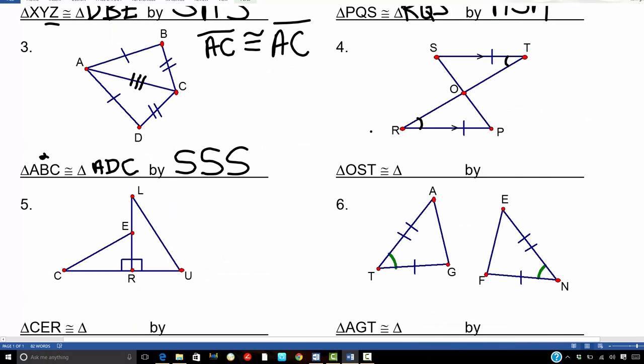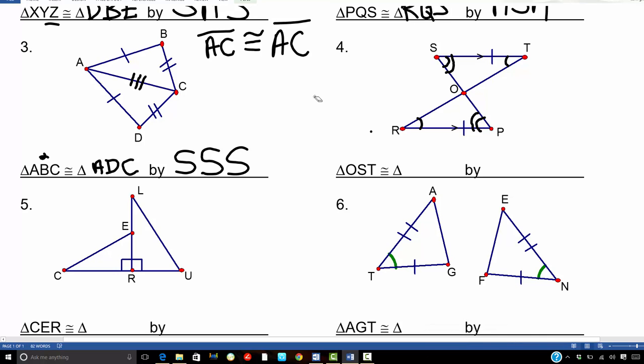So we know angle R is congruent to angle T, but those parallel lines are also cut by this transversal, segment SP, so we know that angle S is an alternate interior angle with angle P. So angle S and angle P are also congruent.